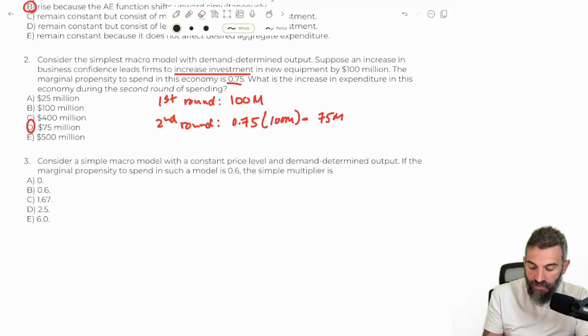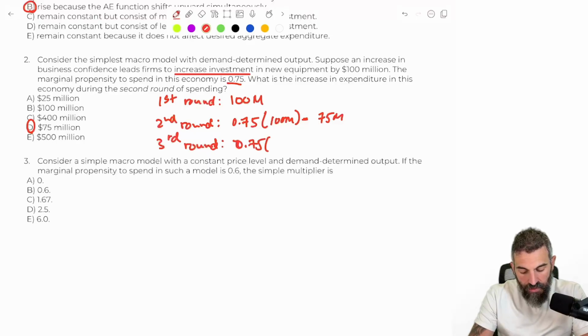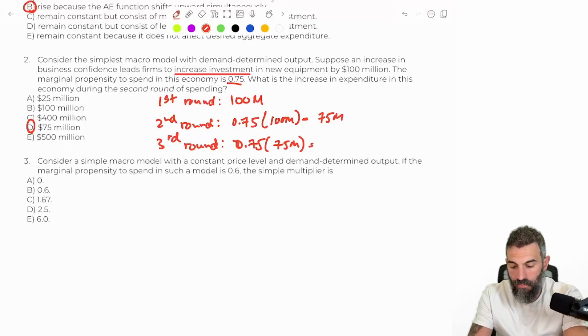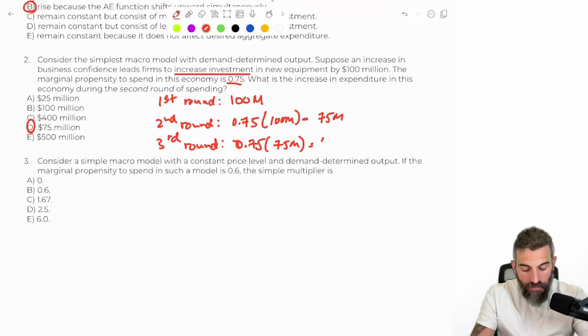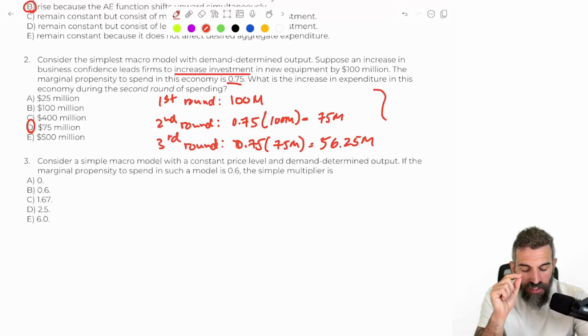And it's the same thing. That 75 is re-injected into the economy. And in the third round, 0.75 times 75 million, $56.25 million is re-injected. So from that first $100 million that was spent, look at all of this economic activity.